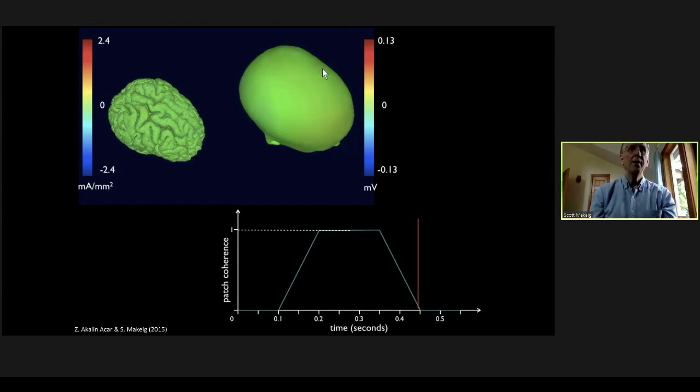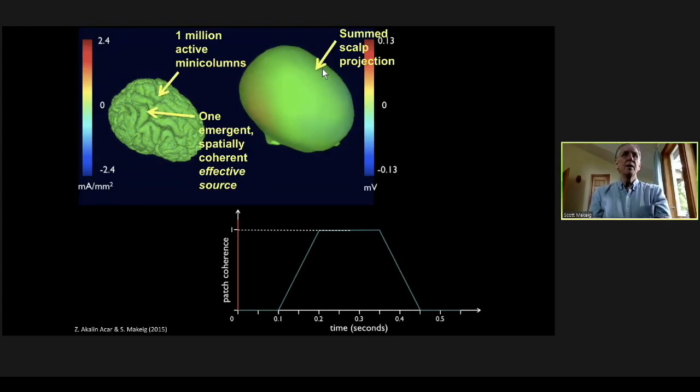So this patch, this locally coherent patch of voltage changes, potential changes, is in fact an effective source of EEG.